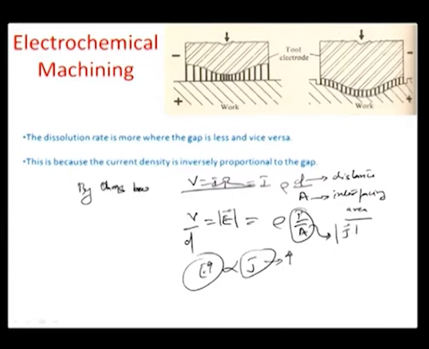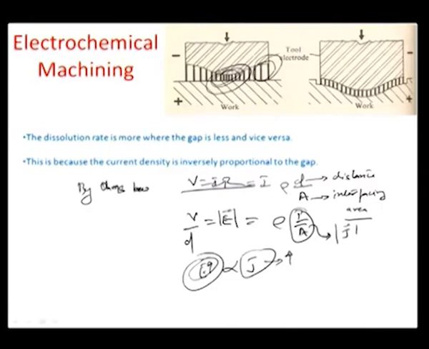So the current density definitely is more here in comparison to here, because you have more amount of current traveling, because of the increased electric field, as can be seen here. So you have more amount of current density at the center because the E field is high, and less amount of current density at the sides because the electric field is lower.